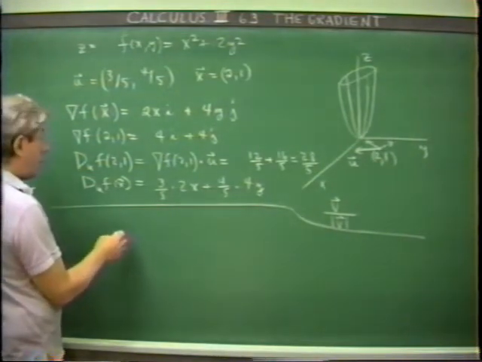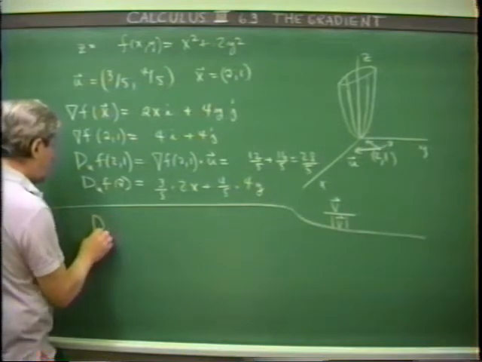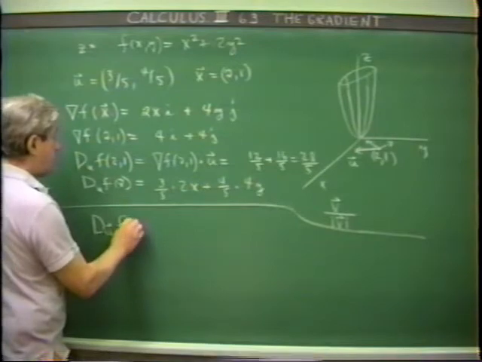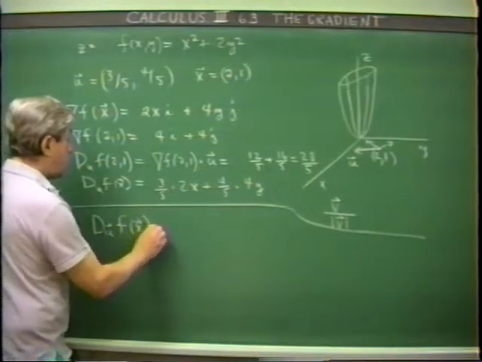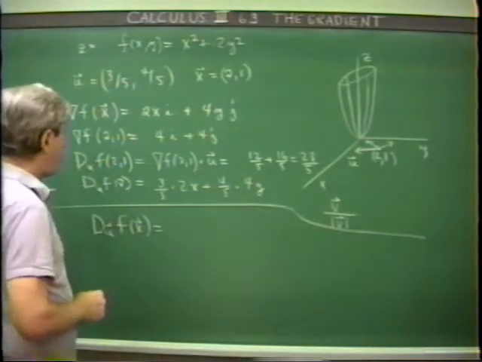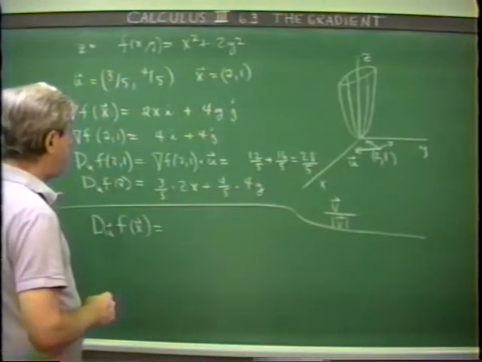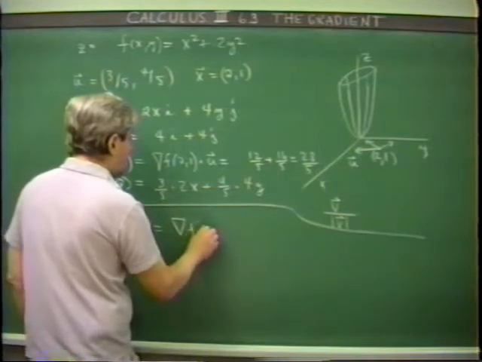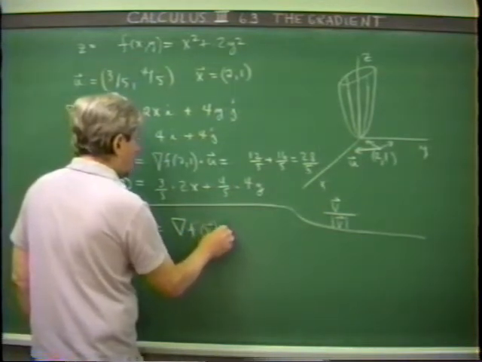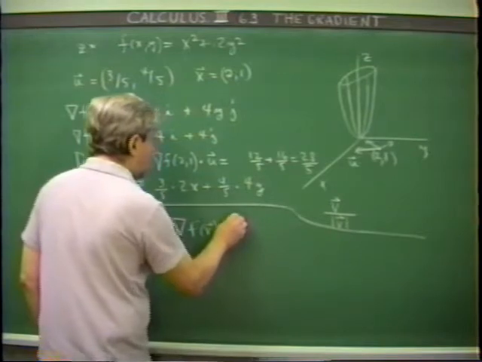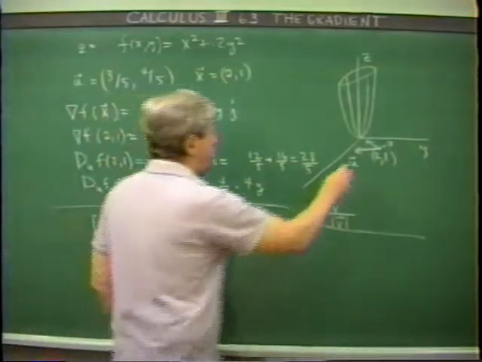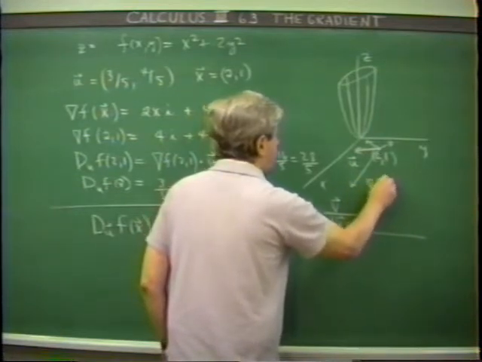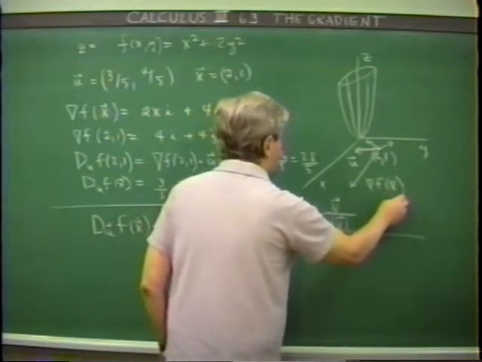And the directional derivative in the direction u of f at x is equal to the gradient of f at x dotted with u. Right? Remember, the gradient is a particular vector here. This might be the gradient of f at this point x.